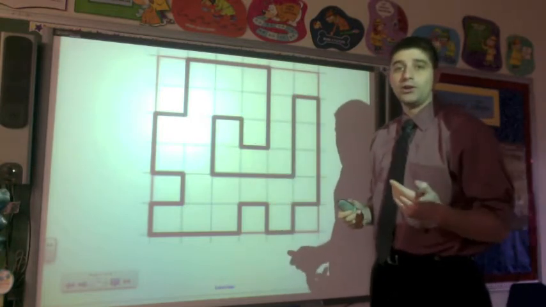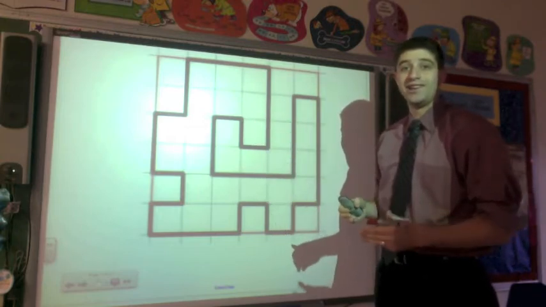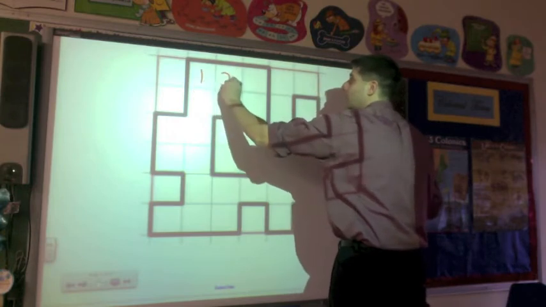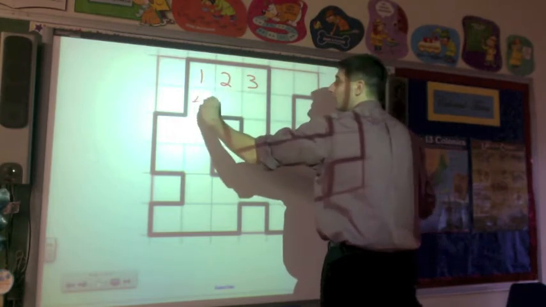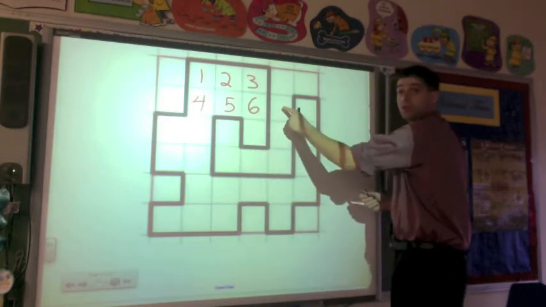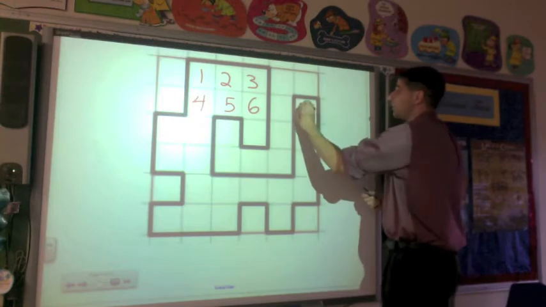So what I'm going to do with an object like this is just count how many squares are in this shape. So I'm going to label it 2, 3, 4, 5, 6. I'm not going to label this square because remember it's outside, but this square is inside of our shape.